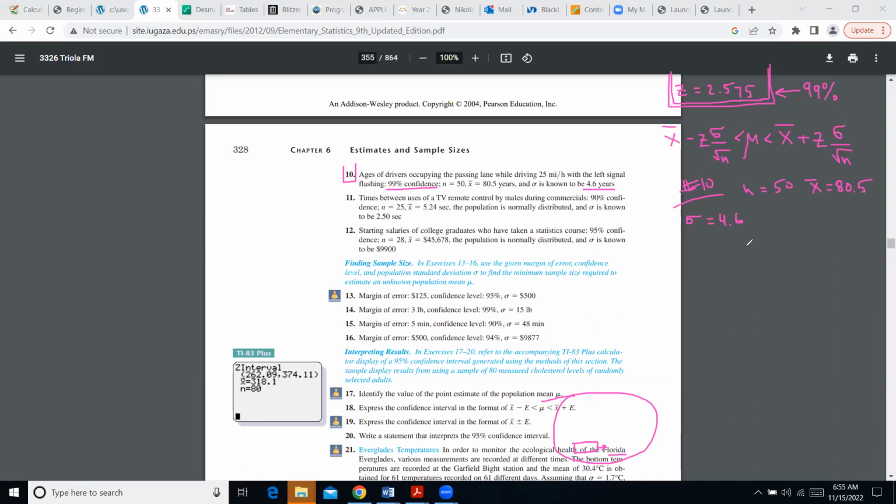So we can find the interval using our new formula here. So 80.5, we're going to need to subtract the z-score, which is 2.575, multiplied by the standard deviation, which is 4.6, and then divided by the square root extracted from the sample size, which is 50.